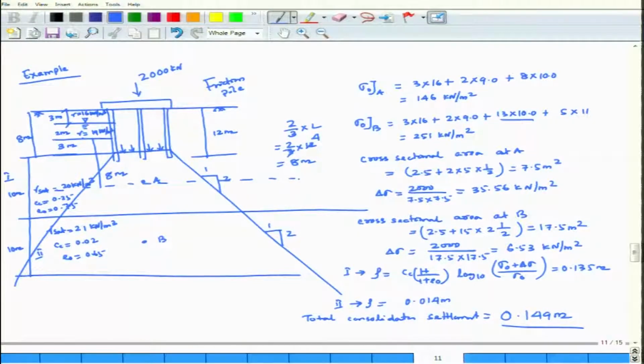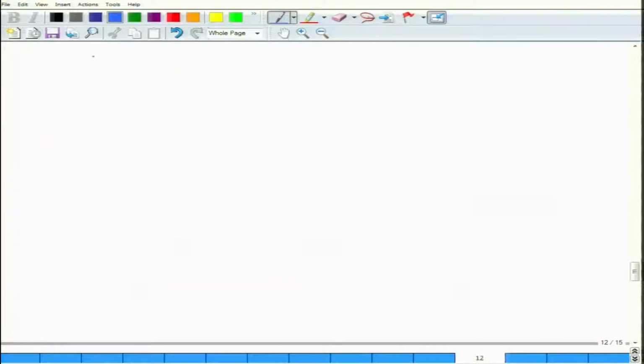Now, let us start a new part, that is negative skin friction. Try to understand the terminology of negative skin friction. Let me draw a figure.